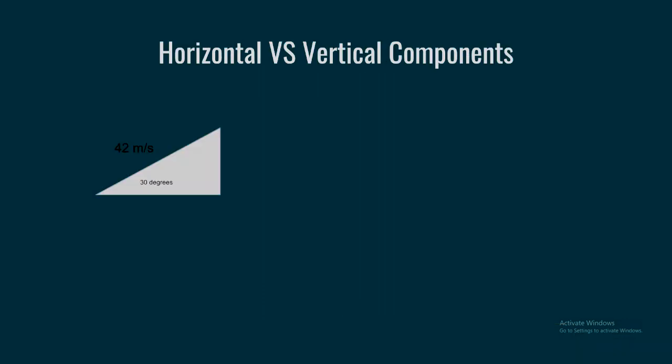So we're going to split our horizontal and vertical components up from the total velocity and the angle. If you remember SOHCAHTOA, sine equals opposite over hypotenuse, cosine equals adjacent over hypotenuse, and tangent equals opposite over adjacent, then this should be pretty easy.